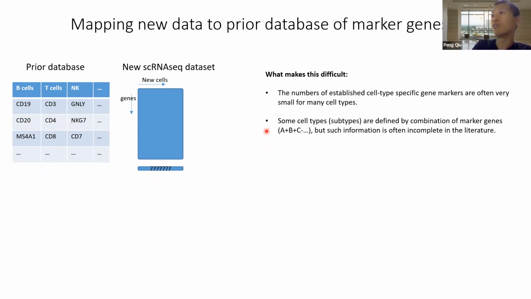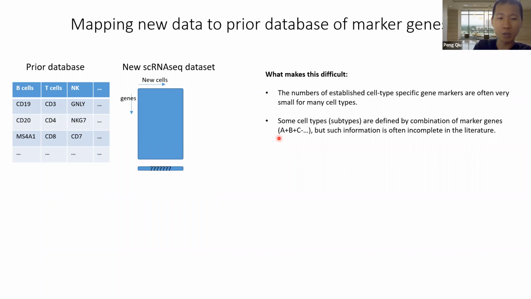Also, very often cell types can be defined by combinations of multiple marker genes, for example, gene A positive, gene B positive, and gene C negative. Maybe that combination is what defines a certain cell type.